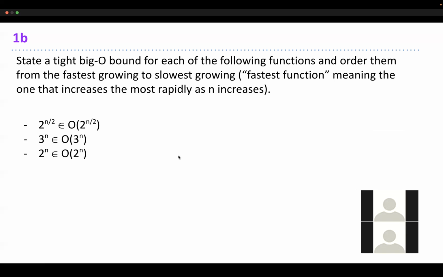Yep, Scott said A, and yeah. Yep, exactly. Y'all are both right. It's going to be the first one. Because this is the slowest growing, even though it's still pretty fastly growing, it's kind of like exponential. It's still going to be the faster algorithm out of these ones, because faster growing means you're going to have more iterations as n gets larger. So since this is the slowest growing, it's the fastest runtime.